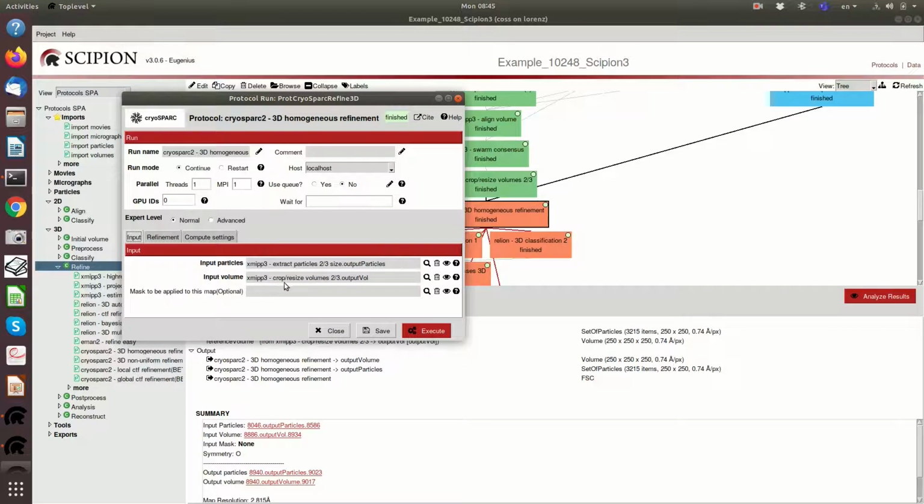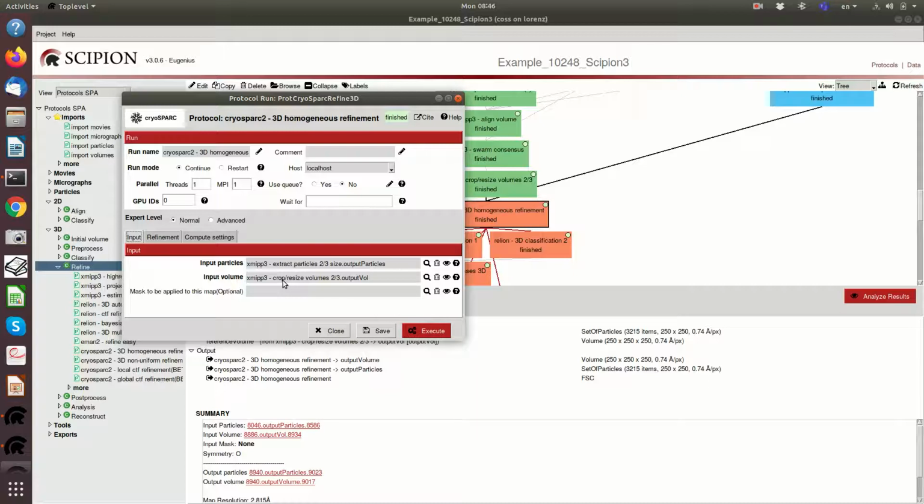You can optionally give a mask. I don't recommend it at this point because it may remove artifacts that are actually present, but because of the mask they are hidden. I think it is a good thing to not provide a mask during the process, just to be able to recognize these pathologies.